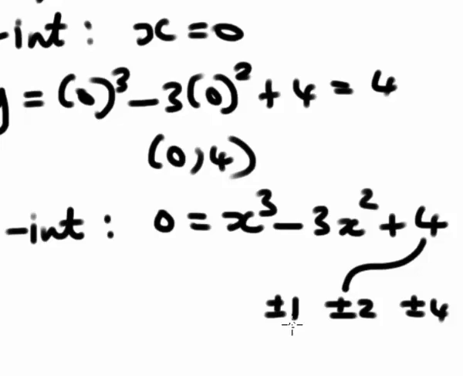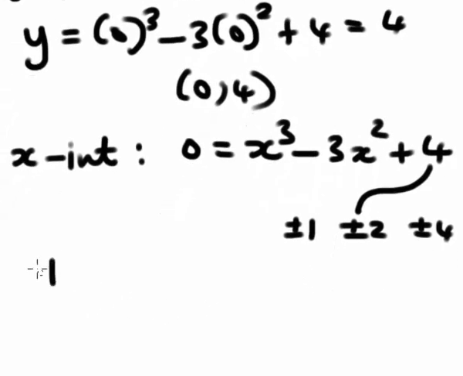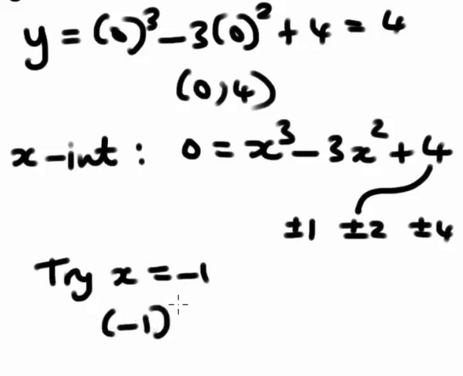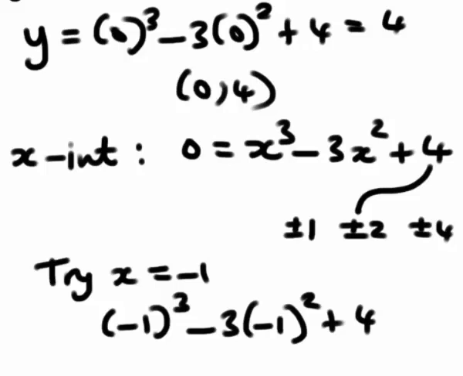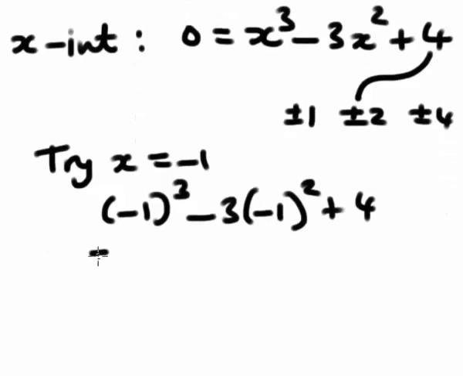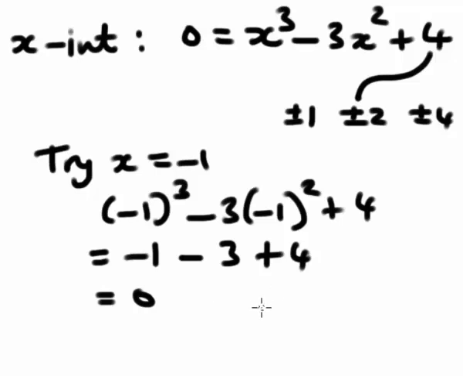Let's try x equals negative 1. Negative 1 cubed minus 3 times negative 1 squared plus 4 gives us negative 1 minus 3, because negative 1 squared is 1, plus 4, which is actually 0. So one of the x-intercepts will be at negative 1.